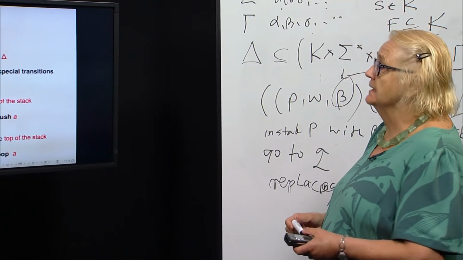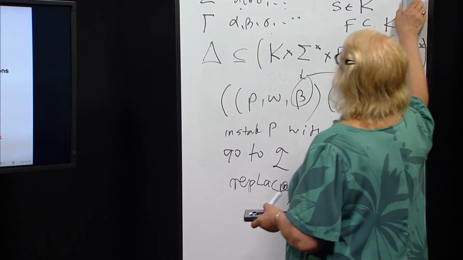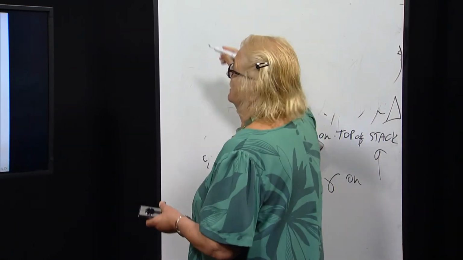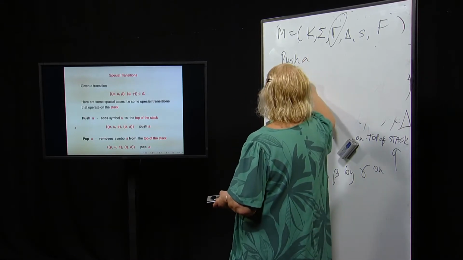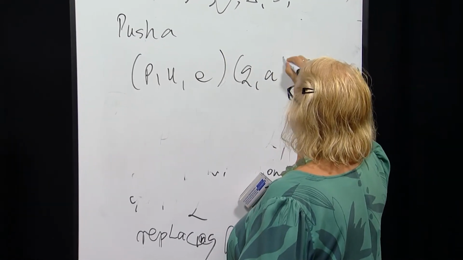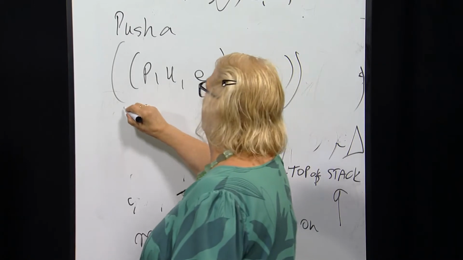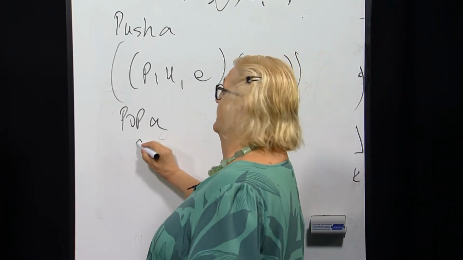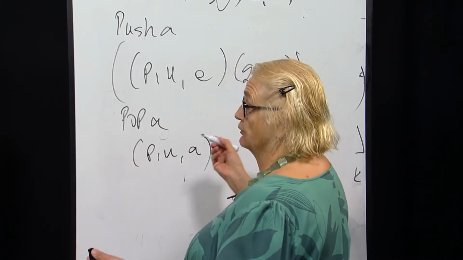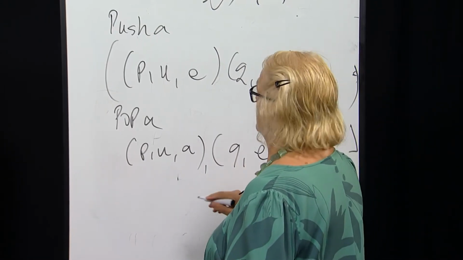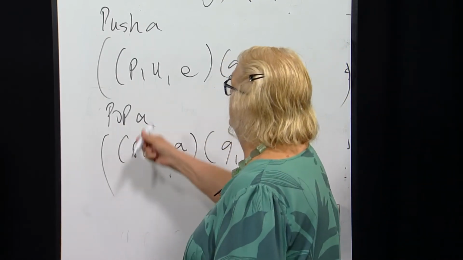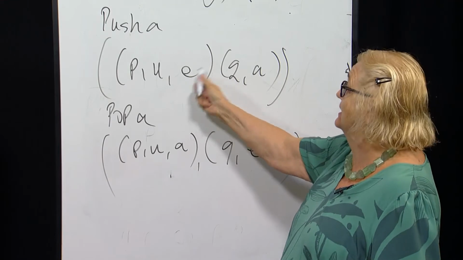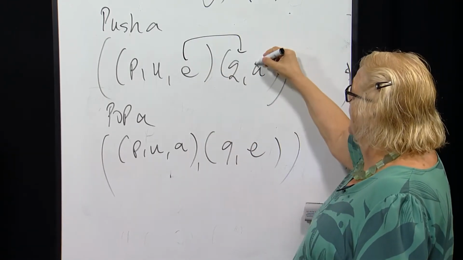Now you have special operations, which we will be using a lot because it's nice to have them short. One is push A, which is (P, u, ε) → (Q, A), and the other is pop A, which is (P, u, A) → (Q, ε). In state P, read u, the top of the stack is empty, so you replace it: push A means put A on the top of the stack.